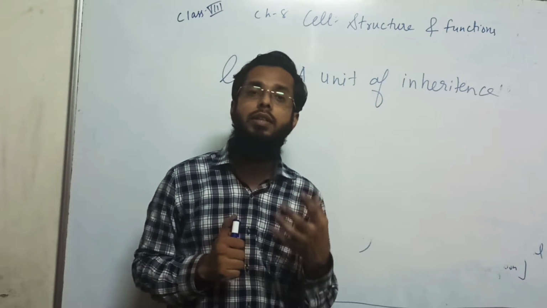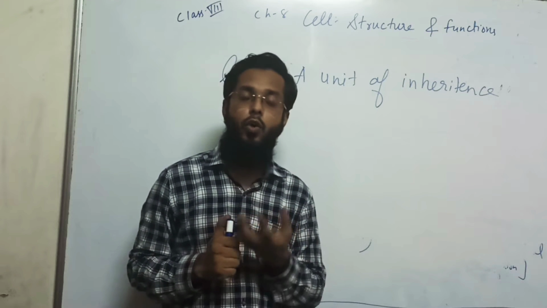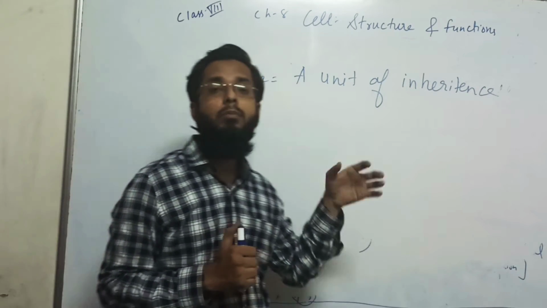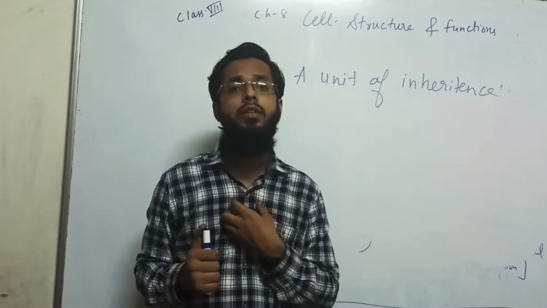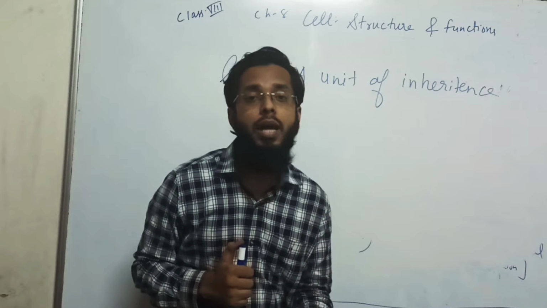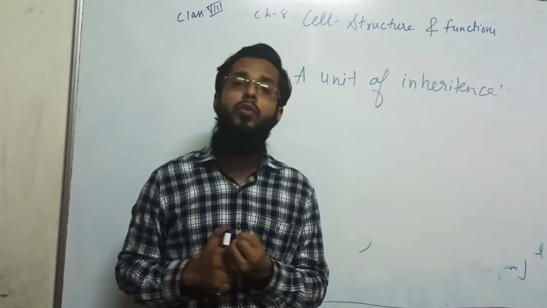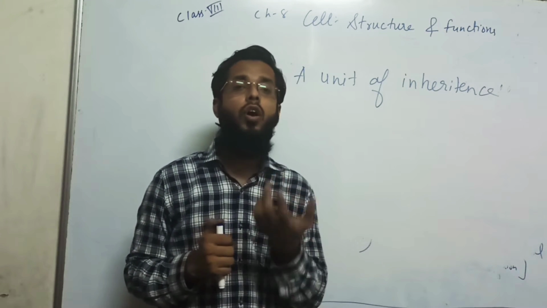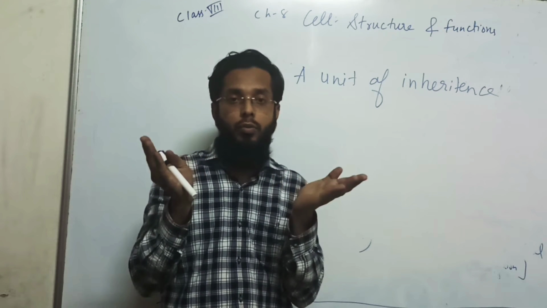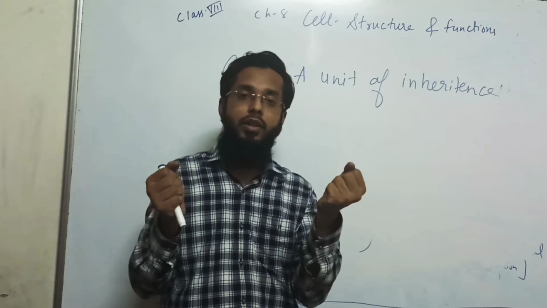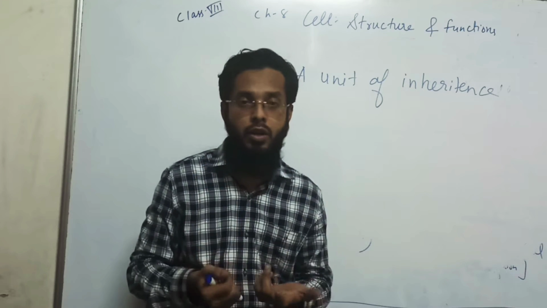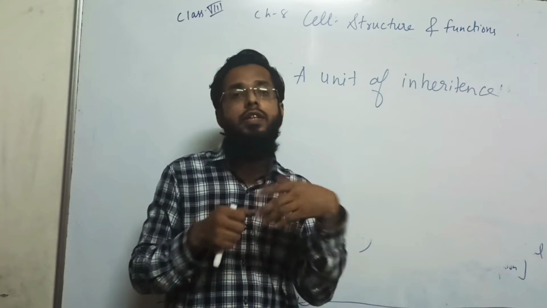This resemblance is known as inheritance or hereditary character, because our DNA is made from both parents. Also, we are different from our parents because of the combinations of the DNA of both parents. Both chromosomes from the mother and father combine, so obviously we will resemble them, but at the same time this combination results in variation also.